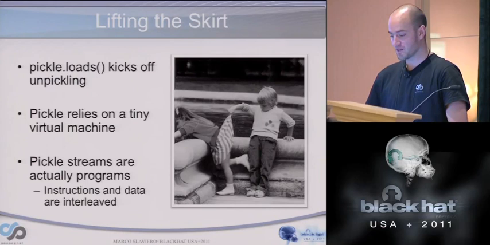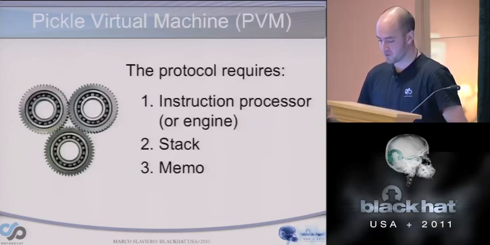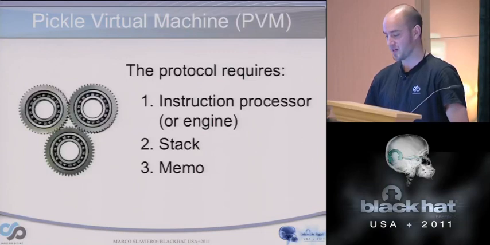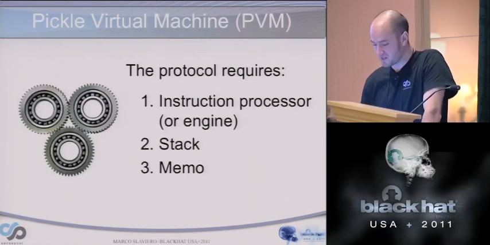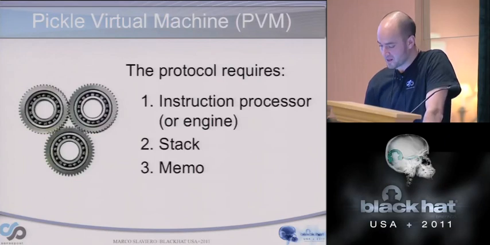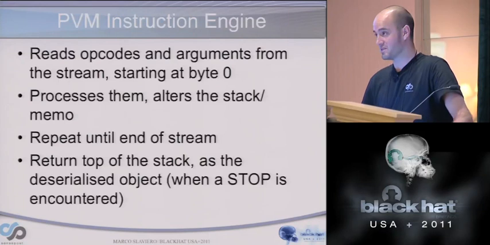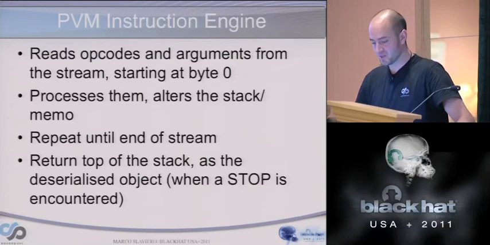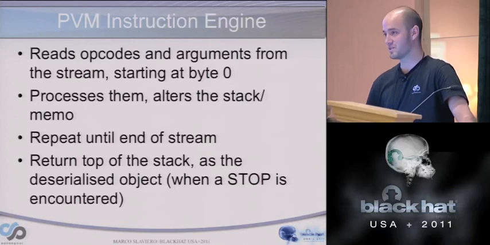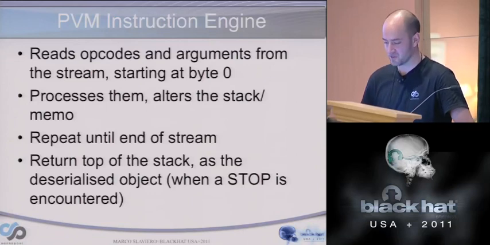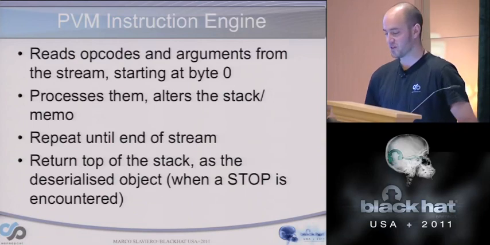Okay. So the PVM basically has three components to it. There's the part that processes the instructions, the opcodes, that's the engine, and it also has a stack and a memo. So the instruction engine starts reading from byte 0, as you would expect. Depending on the Pickle version, in truth, it may also perform content snooping to determine a Pickle version. But that aside, it will start at byte 0 and read the first instruction.